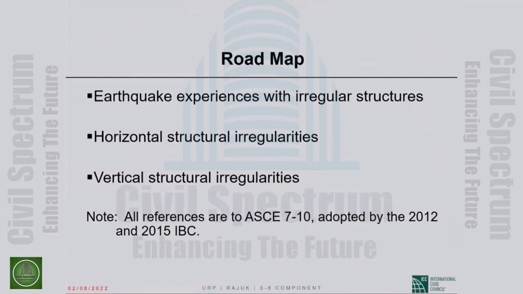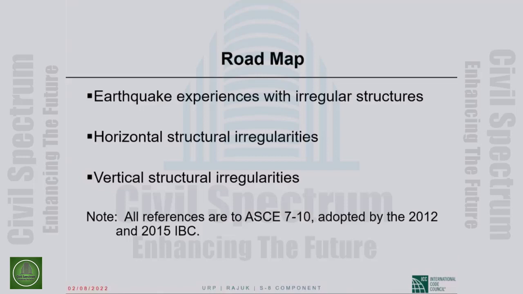In this segment we will look at earthquake experiences with irregular structures, horizontal structural irregularities that came up in discussion yesterday, and vertical structural irregularities. I showed you the lists from BNBC, which are the same as from ASCE 7.